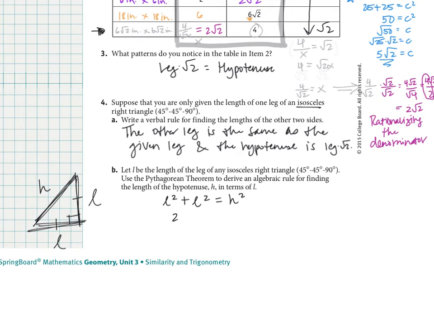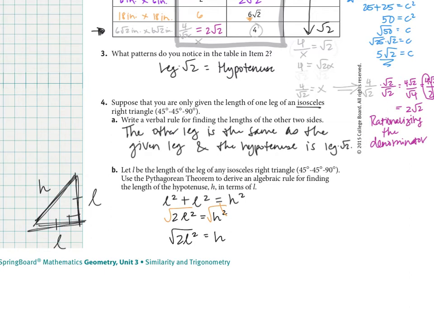So I have 2L squared, and that's going to be equal to H squared. My last step would be to take the square root, to cancel out that squaring, since they're inverses. So really the square root of 2L squared is equal to H.